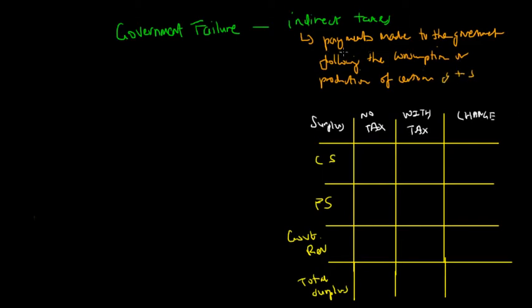This means the government requires certain producers or consumers to pay money to consume or produce a certain good or service, and this helps eliminate the overproduction of undesirable goods. Just call that G.